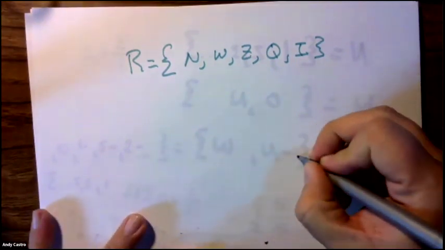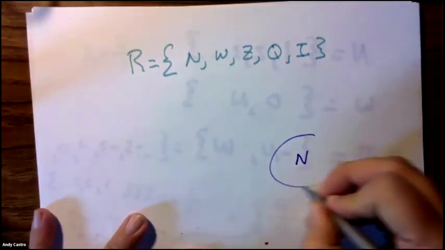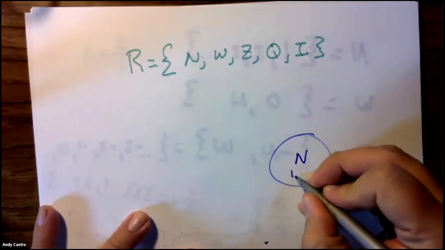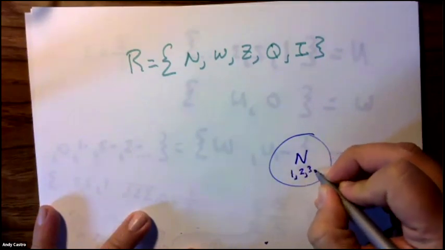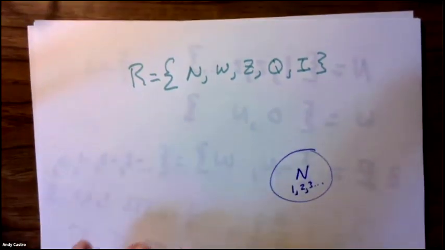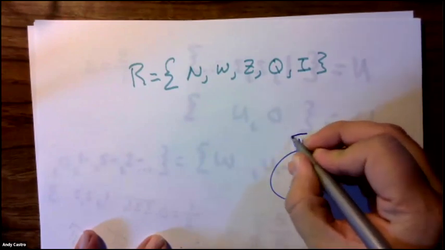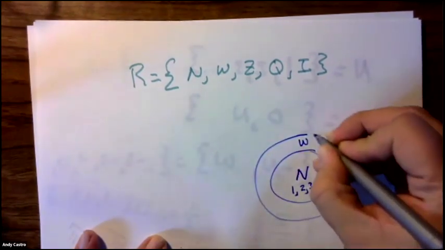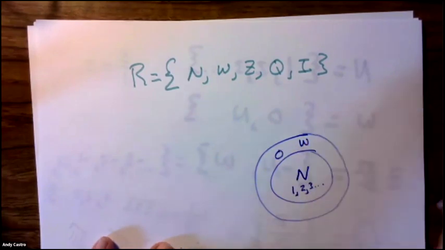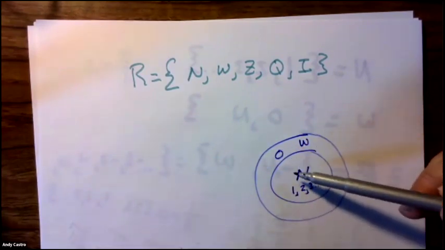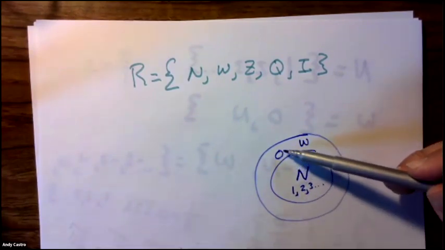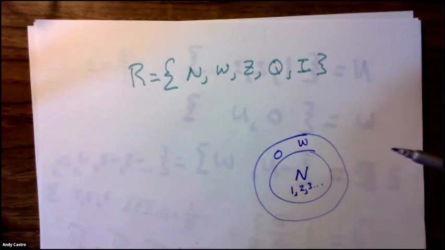So the natural numbers, and I make a little circle. This starts with 1, 2, 3, goes on forever. And then I do concentric circles. So then the whole numbers, they include all of the natural numbers, but whole has 0. And 0 is not a natural number, but it is within the realm of whole.